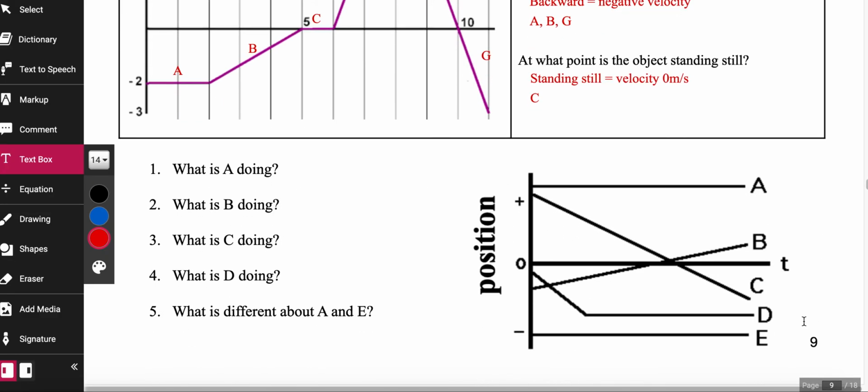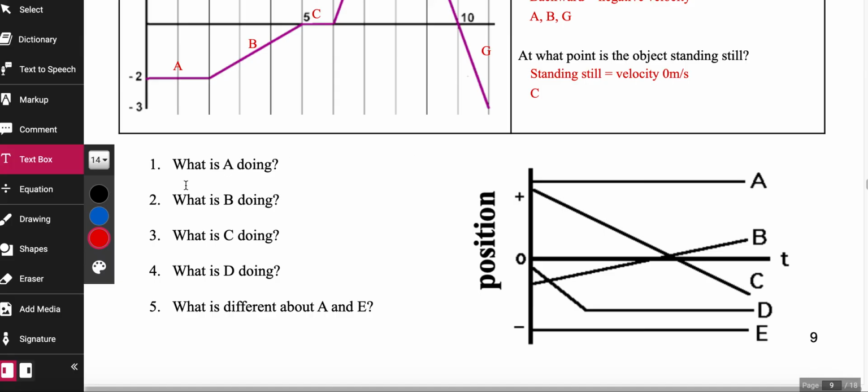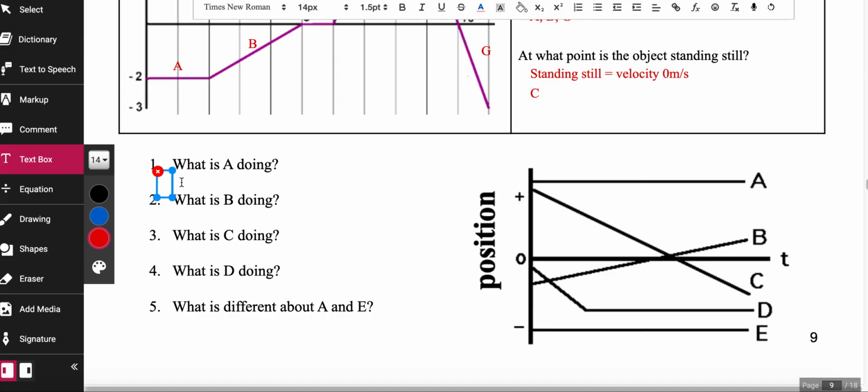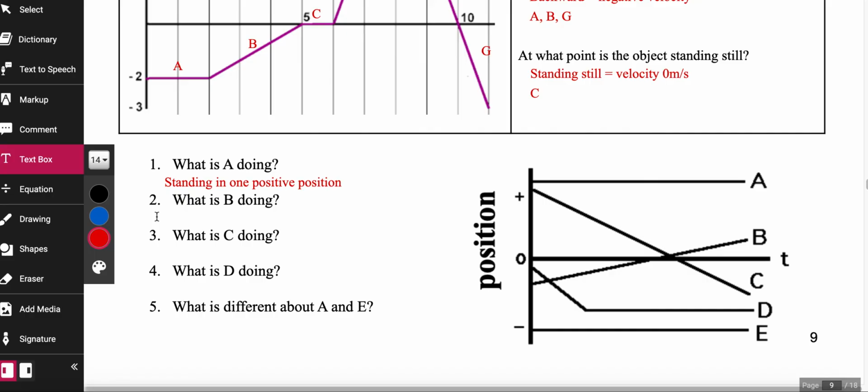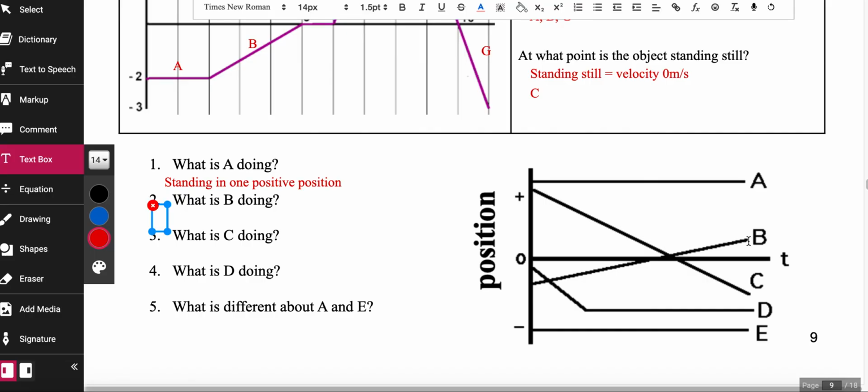Okay, so back to a position time graph here. Okay, so what are each of these doing? What is A doing? A is standing in one positive position, okay? What is B doing? Okay, so B is right here.